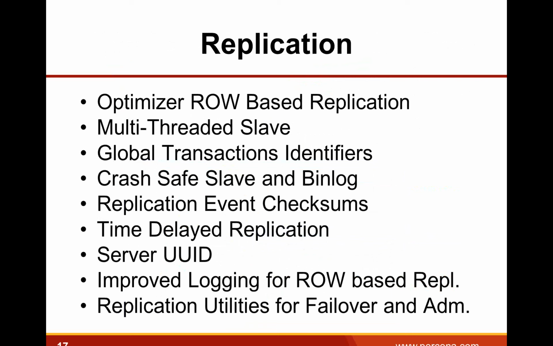We also have logging which is improved for low-level replication. What I mean here is that now when we have a failure in low-level replication, we can get not just a cryptic error message about some handler error in the write row function or something like that, but also information about the original query which caused the problem, which often can help us understand where that problem can come from.